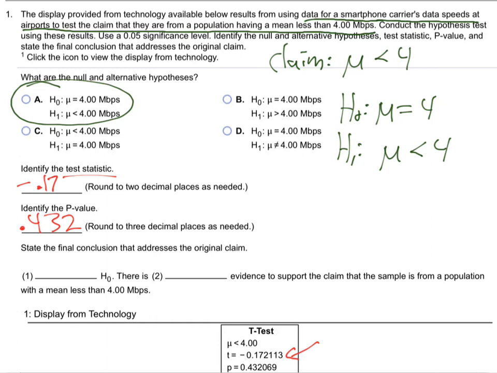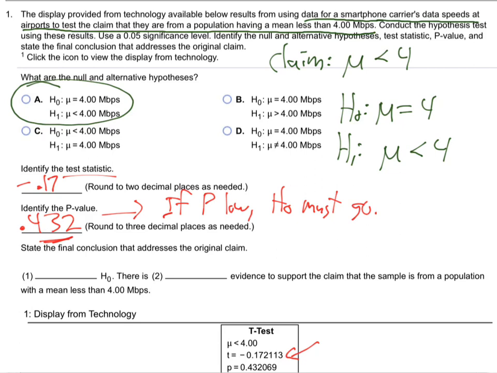All right. So from that, can you go ahead and state a conclusion? Let me give you a second. So what's the p-value? The p-value is 0.432. Is that a low p-value or not? No. So remember the saying, if the p is low, H0 must go. But the p is not low.